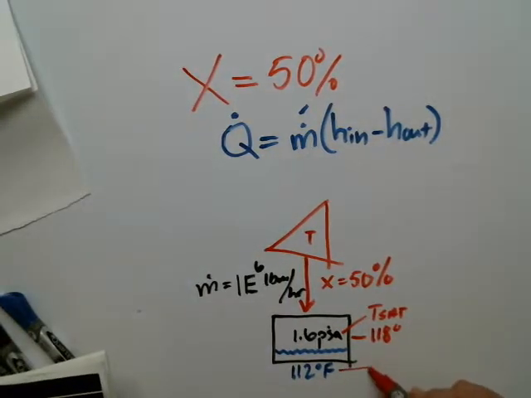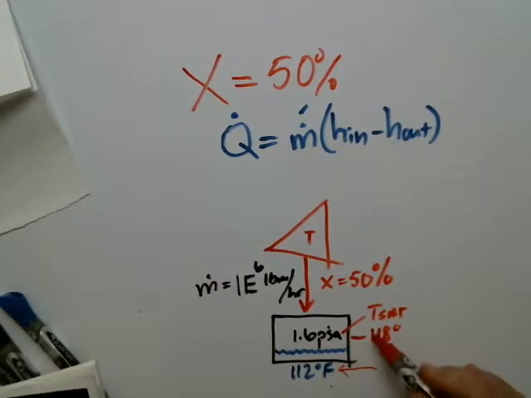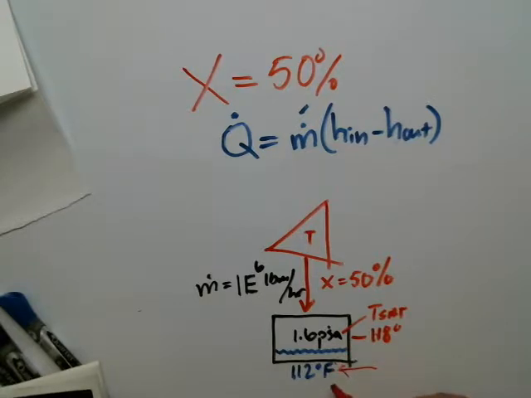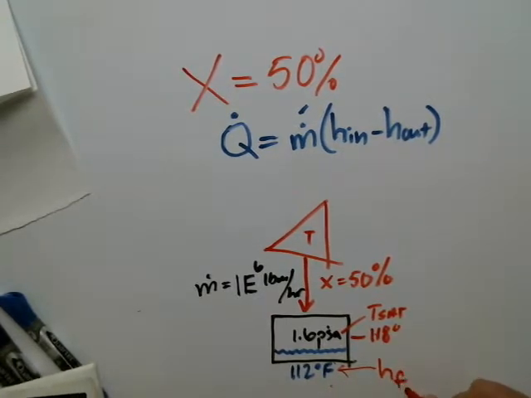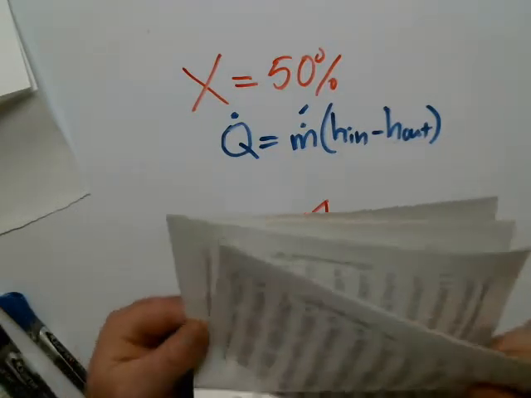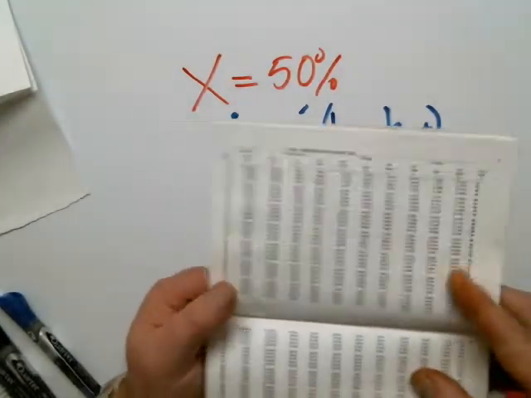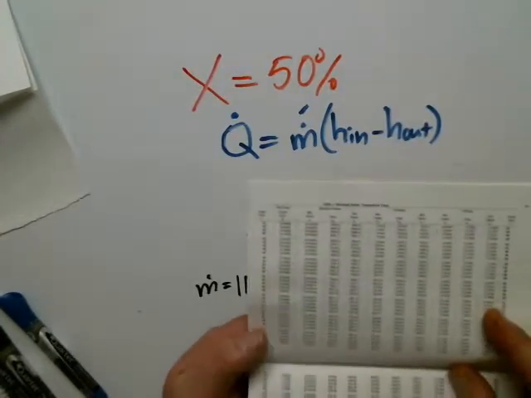Once I recognize that I have a subcooled water, and that's why we verified that it was subcooled, I'm going to go to the H sub F at this temperature to figure out the enthalpy of the condensate. So let's go see what enthalpy of the condensate is if it's subcooled by merely treating the tables as subcooled and going to the temperature of 112 degrees.